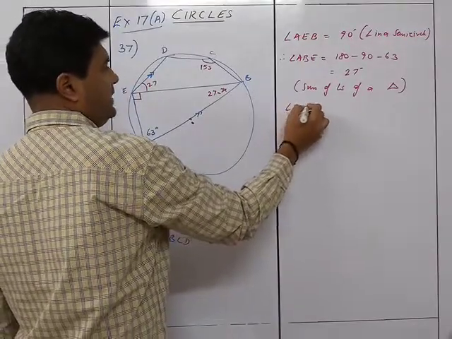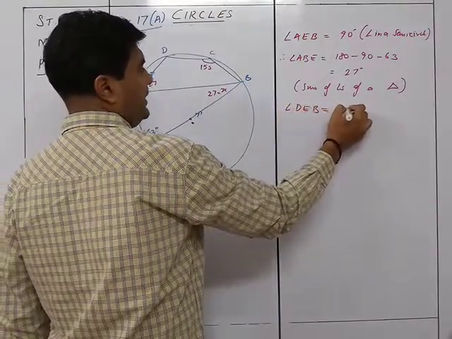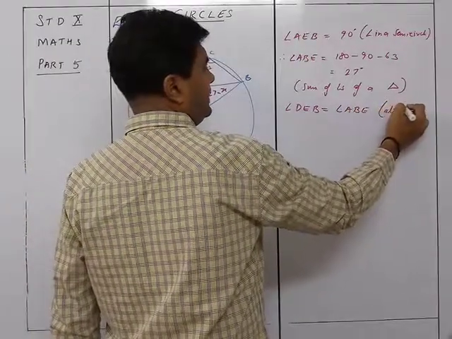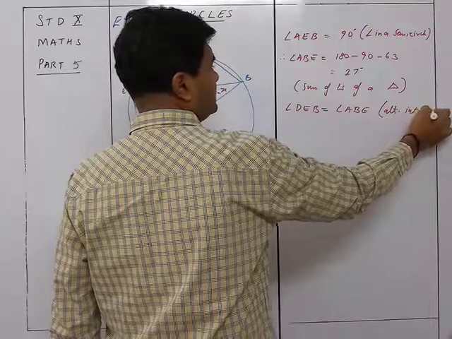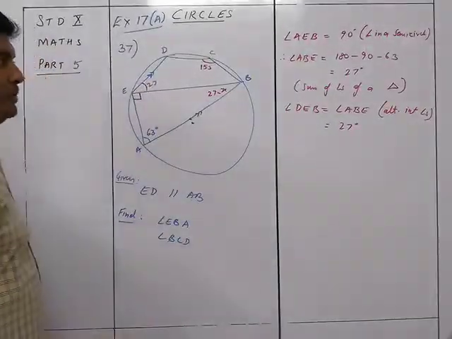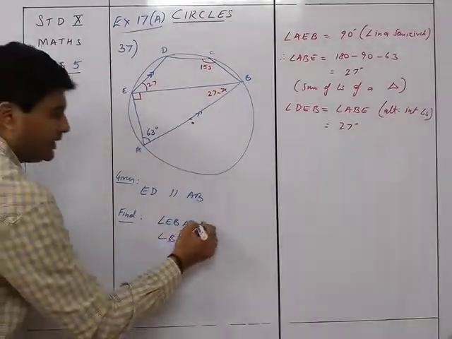Angle DEB is equal to angle ABE, alternate interior angles, is equal to 27 degrees. So first thing is that EBA we got as 27 degrees.